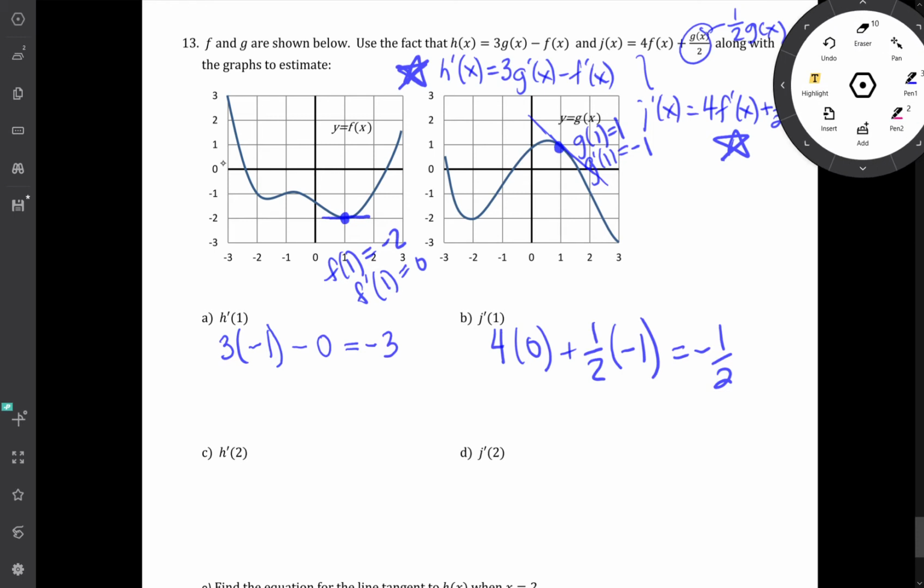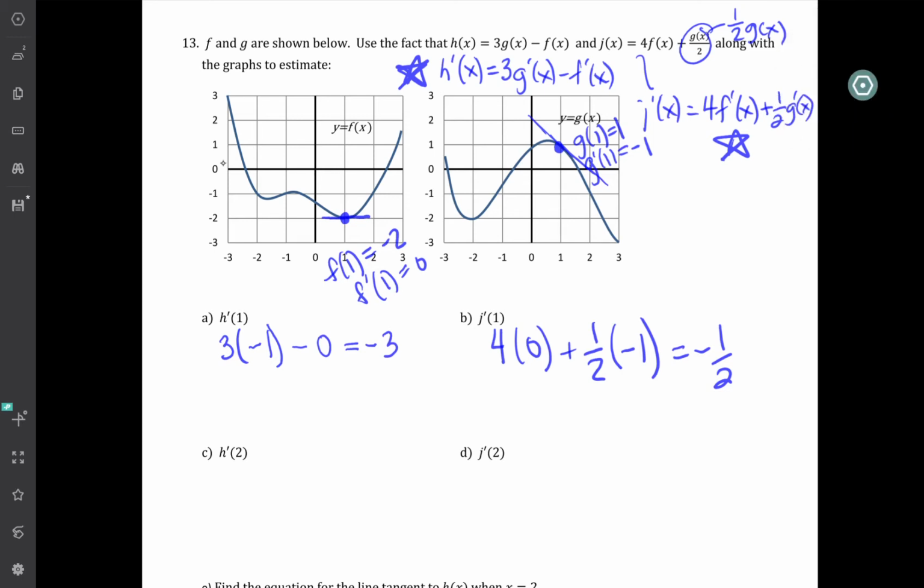And then, here, I'll switch colors for this. At x equals 2, I'll just look at the primes this time. Let's see, maybe a slope of 2. That looks pretty decent. It looks like f prime of 2 is about 2, and I think g has got to be a little steeper.